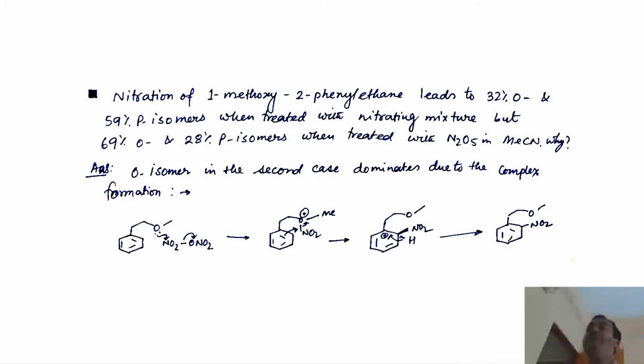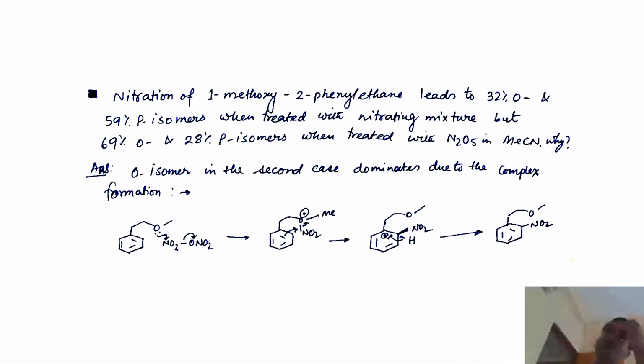Okay, this is a very interesting example. Pay attention. There are some reactions where the ortho product or the para product is designed in such a way that you are basically directing it to a particular attack.